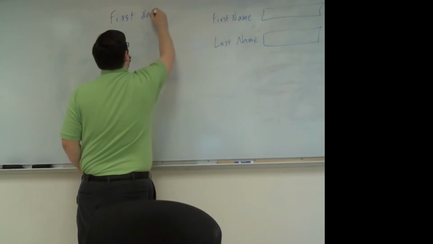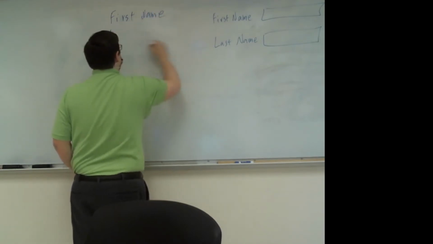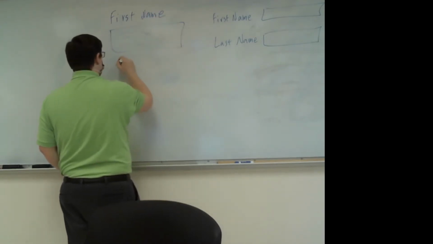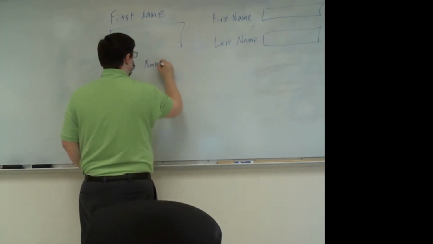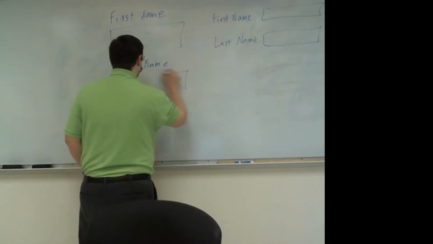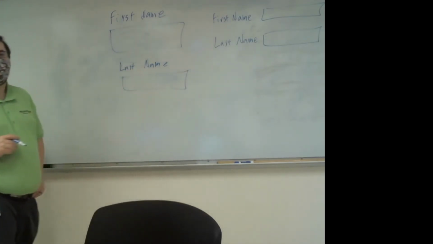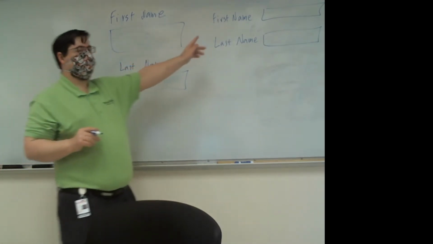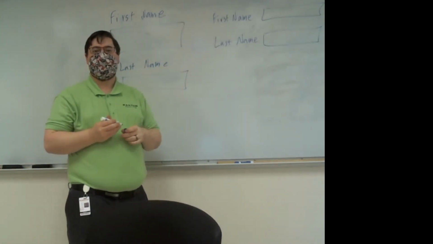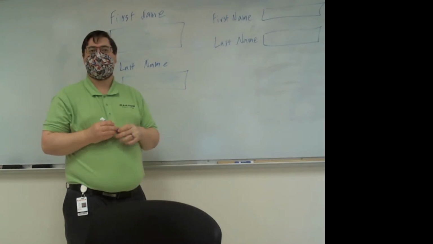First name with your field here, last name with your field there, okay? This works better on a portrait side, versus this is more optimized for landscape orientation. Does that make sense to everybody?